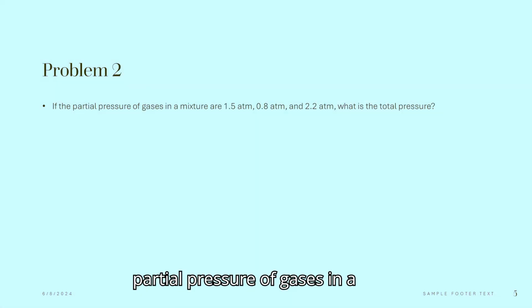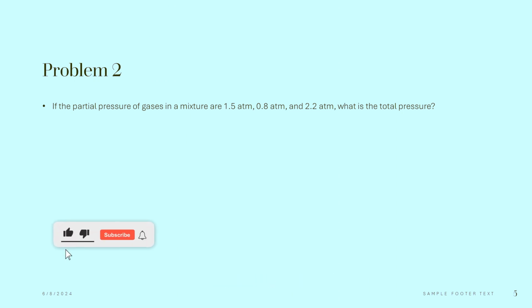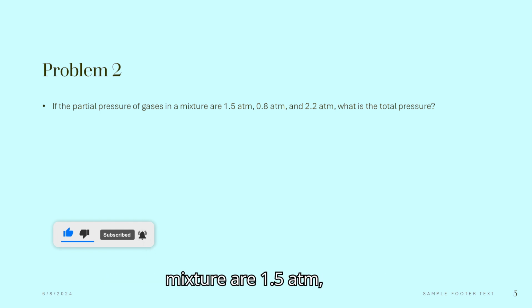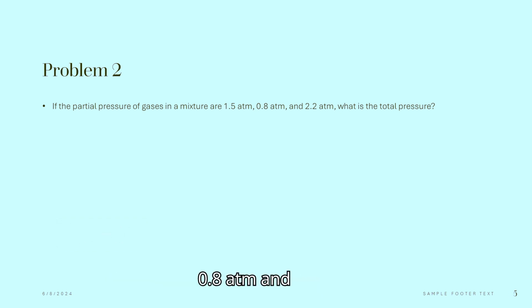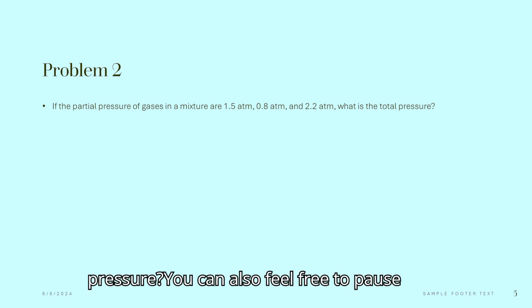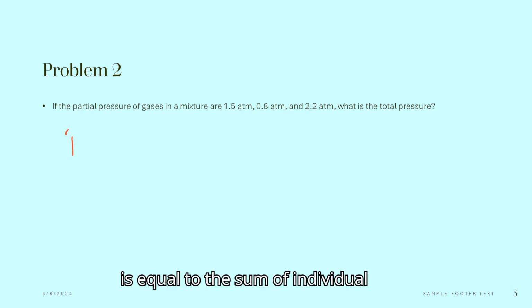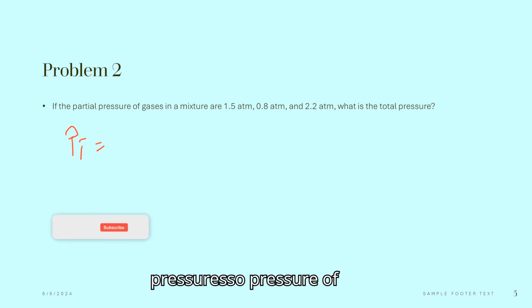If the partial pressures of gases in a mixture are 1.5 atm, 0.8 atm, and 2.2 atm, what is the total pressure? You can also feel free to pause this video and try to do it. So the total pressure is equal to the sum of individual pressures.